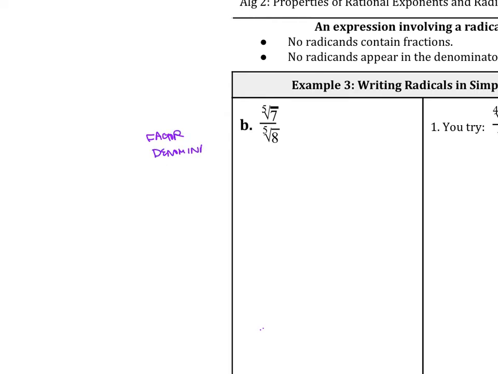Remember with the fifth root, that 5 tells us how many of something we need before it's perfect. So let's break down or factor the denominator. The fifth root of 7 doesn't change, and that's okay. We can have a radical in the numerator. But the denominator, 8, is 2 times 2 times 2.